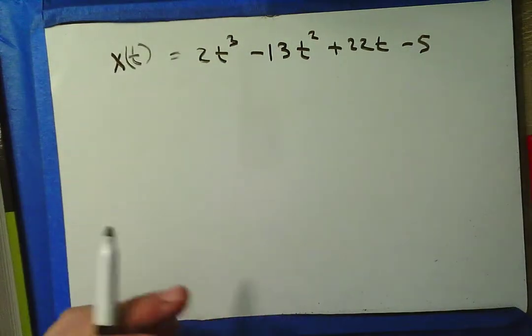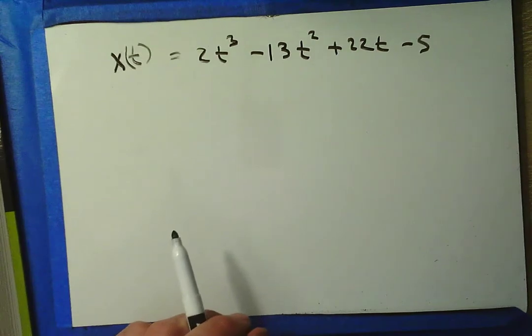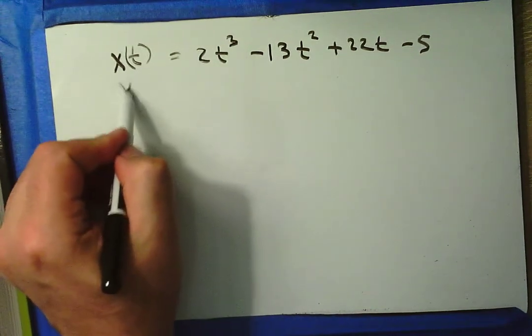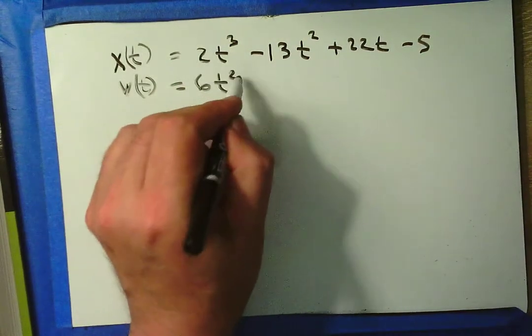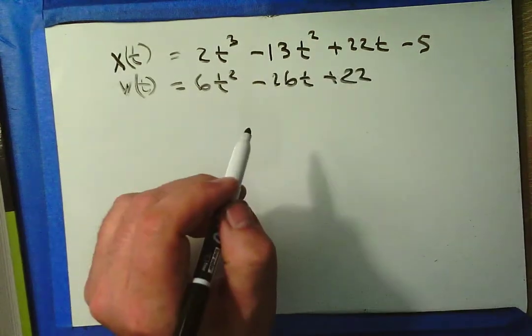Well, let's see what they're asking us to do in this problem in the first place. Describe the motion of the particle for time t greater than 0. Okay, well, so I know that this is x of t, v of t would be the derivative of this, 6t squared minus 26t plus 22.